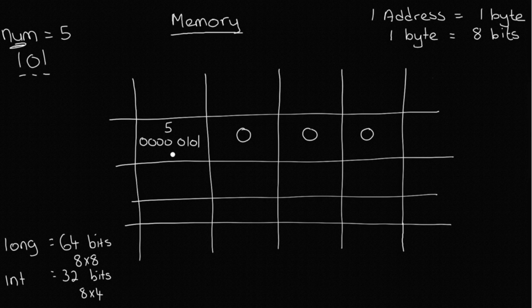Now, for this example, we stored the number 5, but if you come across characters, strings, or pointers in your programming languages, all these are stored in memory before they're executed by the CPU. So the memory is like a middleman between the CPU and the hard drive.